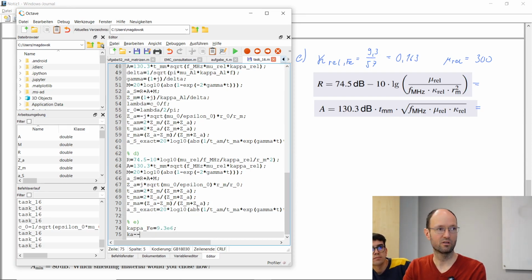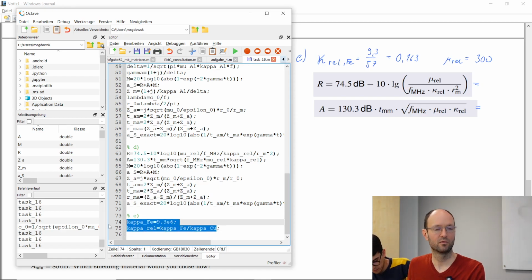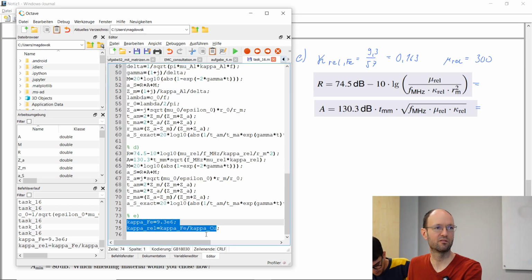So if we now calculate the kappa relative, it's kappa of steel divided by kappa of copper. And if I check this quickly, F9, we get your 0.163, which perfectly makes sense.